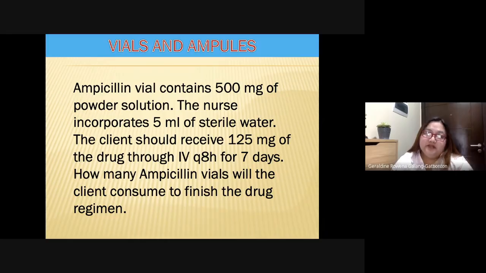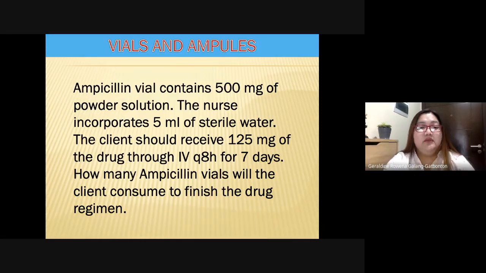Okay? Ampicillin, so it's an antibiotic, no? Ang isang ampicillin vial na powder daw ay may 500 mg na dosage. So, nilagyan ng nurse ng 5 ml ng sterile water. Ang kailangan ng client, 125 mg ng drug, Q8 for 7 days.